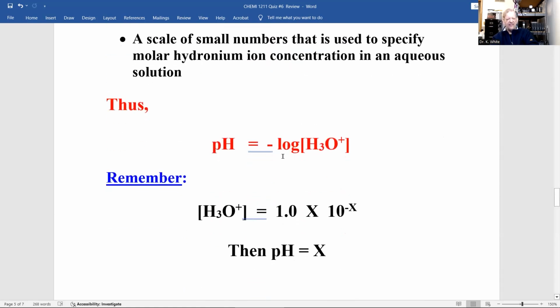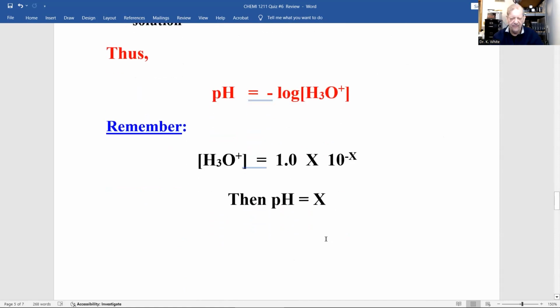And you calculate that by pH equals minus the logarithm of the hydronium ion concentration. Now, my gift to you, don't tell anybody I'm being nice, is if the hydronium ion concentration, H3O plus, is 1.0 times 10 to the minus X, then the pH is X.